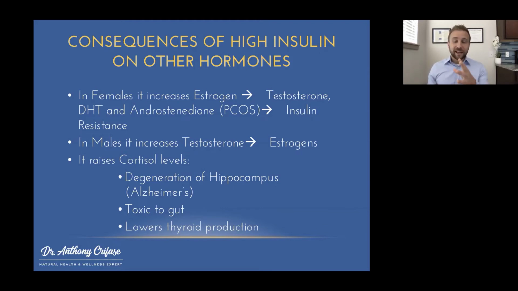And insulin, high insulin, also raises cortisol levels. This degeneration causes damaging effects to the hippocampus in the brain, which is directly related to Alzheimer's. It's toxic to the gut and it lowers thyroid production. So high cortisol in the body is related to stress. Now, high insulin can increase cortisol, and what cortisol does is it actually blocks the production of certain thyroid hormones and blocks the conversion to convert inactive to active thyroid hormones as well.